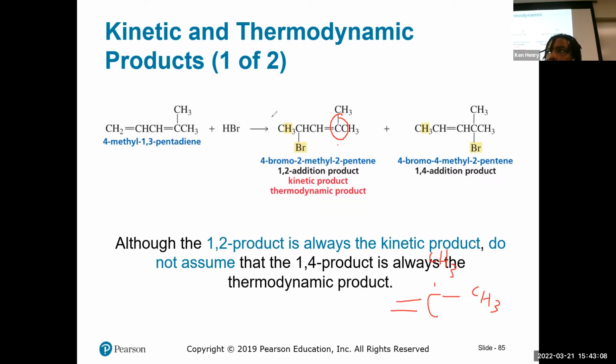It's easier for it to get to this carbon compared to this one because you're surrounded by dual methyls. At that carbon center, you have methyl-methyl interfering with whether or not it's going to be accessible. So this double bond is easier to get to, and kinetically it's going to be favored.